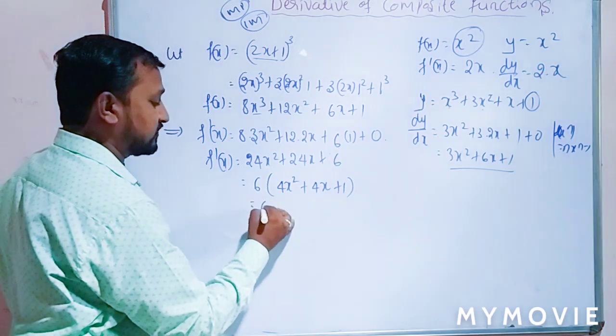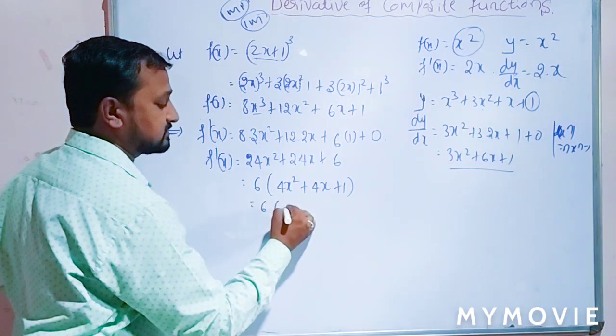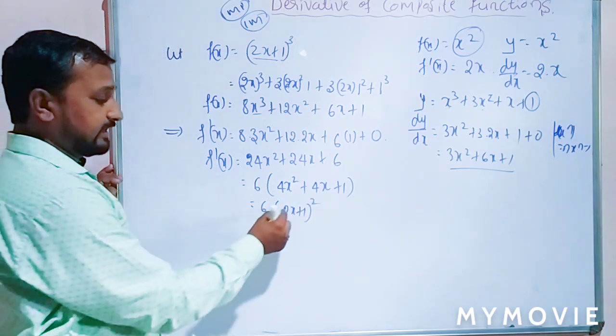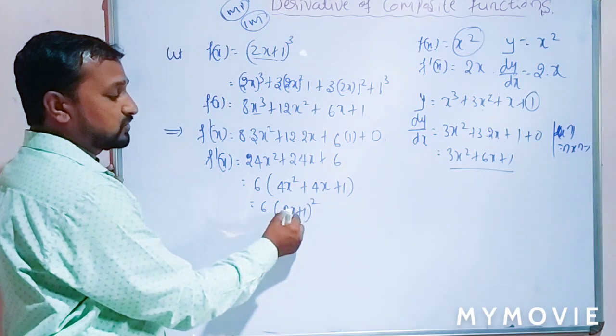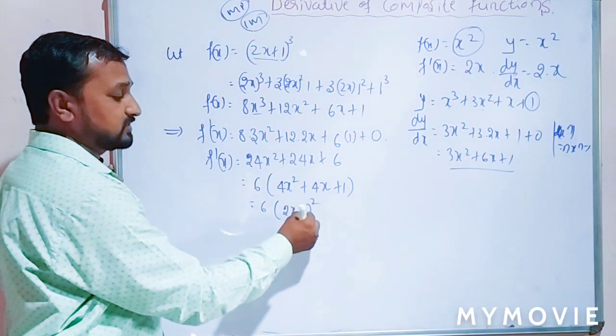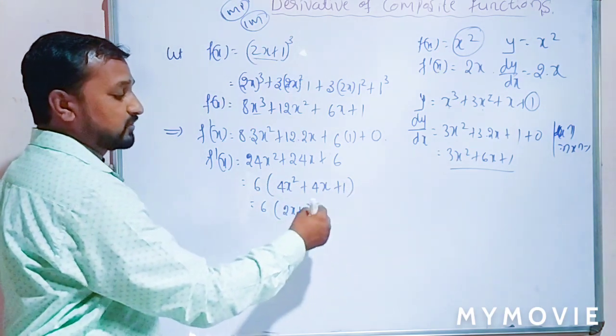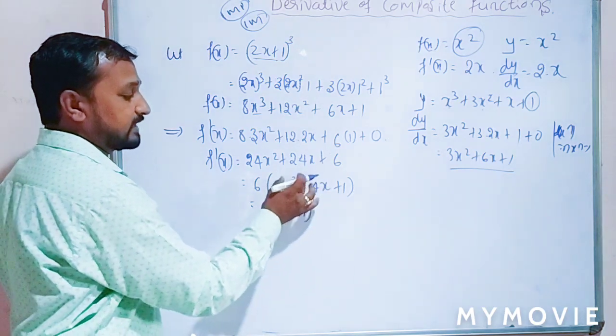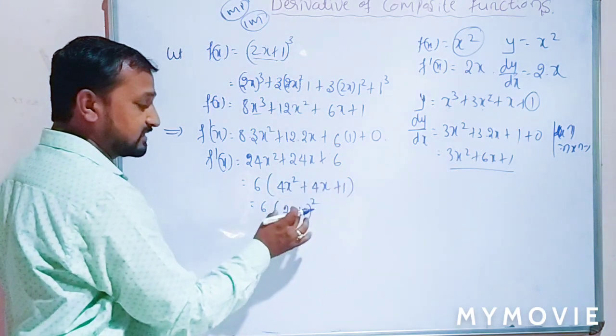Okay, this is of the form 6 times (2x plus 1) whole square, that is (a plus b) whole square. a square is (2x) whole square, 4x square. b square is 1 square, that is 1. 2ab, 2 into that is 4x. So 4x square plus 4x plus 1 can be written in this form.